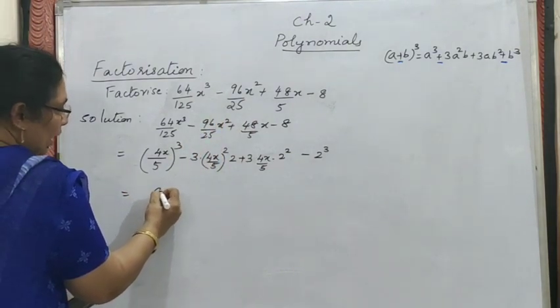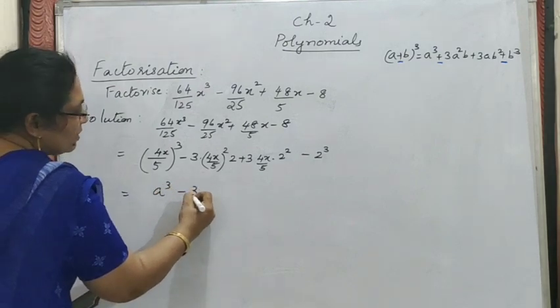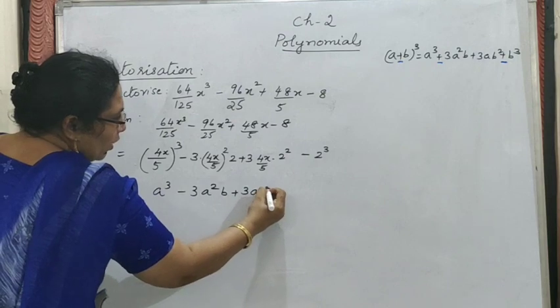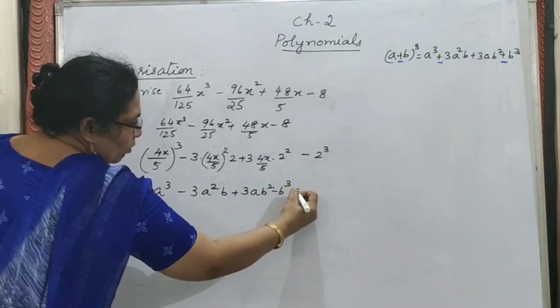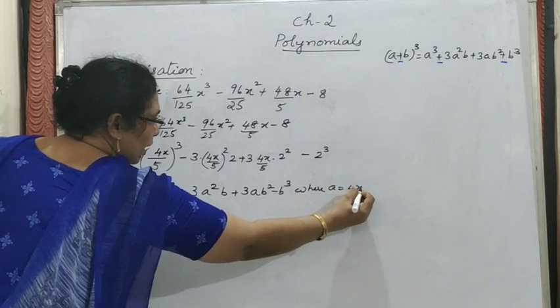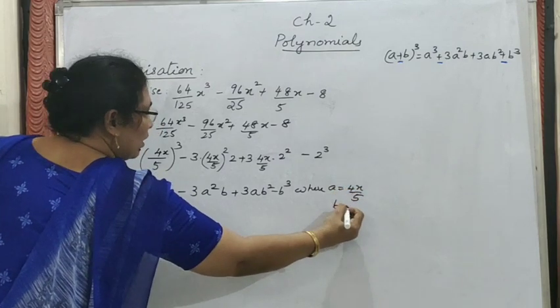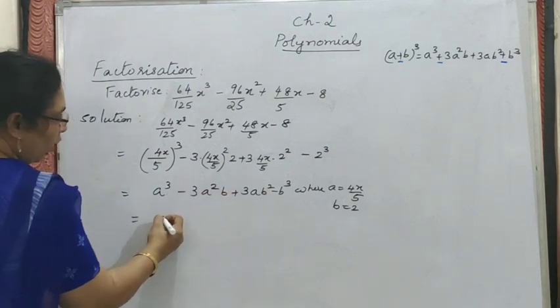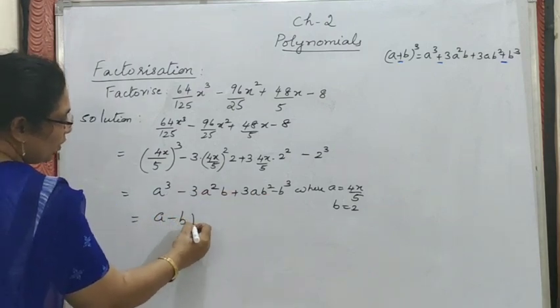So I can write this as a cube minus 3a square b plus 3ab square minus b cube. What is a and b here? Where a equal to 4x by 5 and b equal to 2. Right? If those are the terms we got, instead of these 4 terms what can we write?